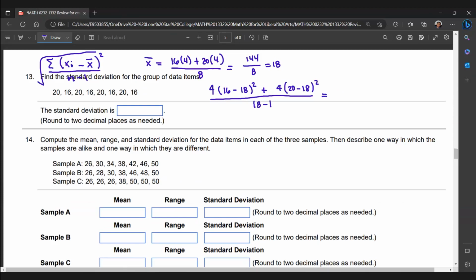This will be negative 2, and negative 2 squared will be 4. Plus, oops, I forgot the 4. Plus 4 times 2 quantity squared, which is also 4, divided by 17. This will be equal to 8 plus 8, which is 16 divided by 17.